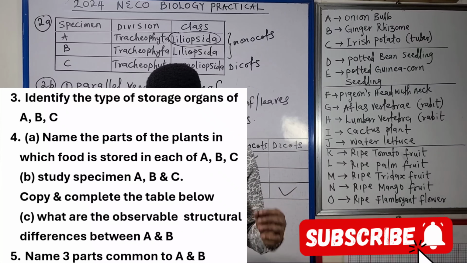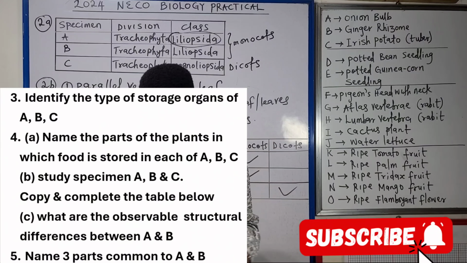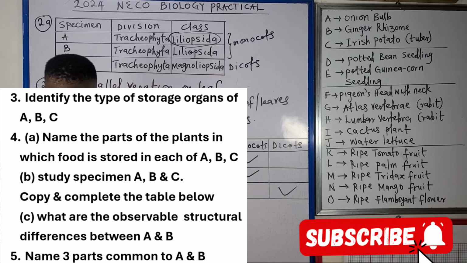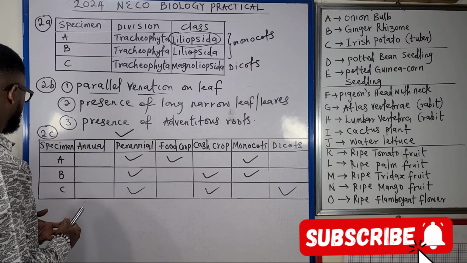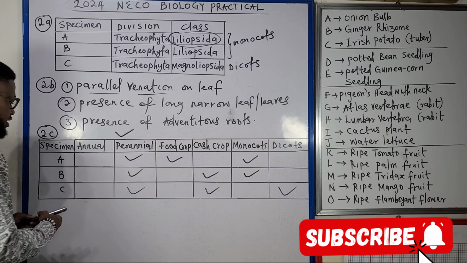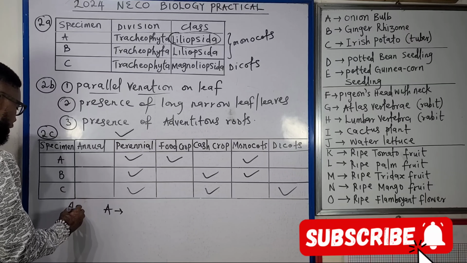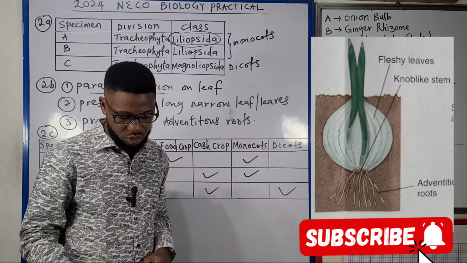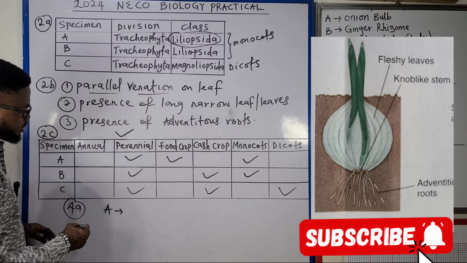For question 4A, we were told to name the parts of the plant in which food is stored in each of A, B, and C. So for A, for B, for C, where is the food stored in each of these specimens? This is question 4A. In the case of specimen A, talking about our onion, food is actually stored in the leaves.